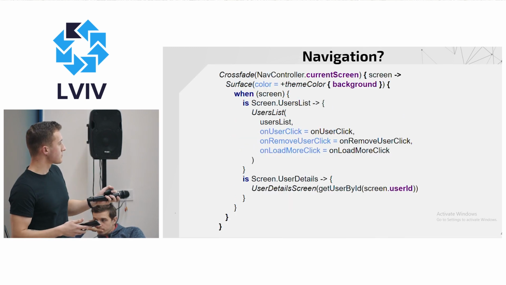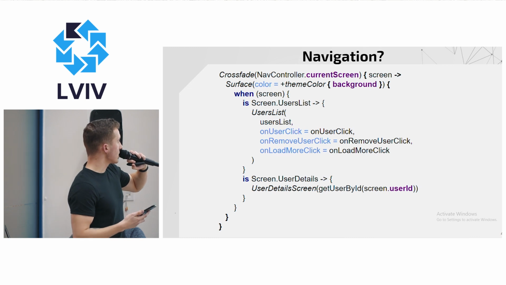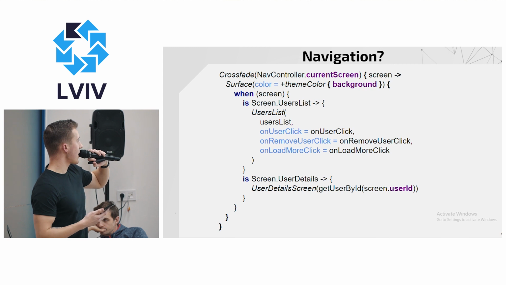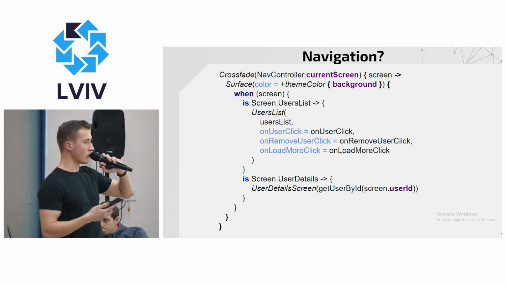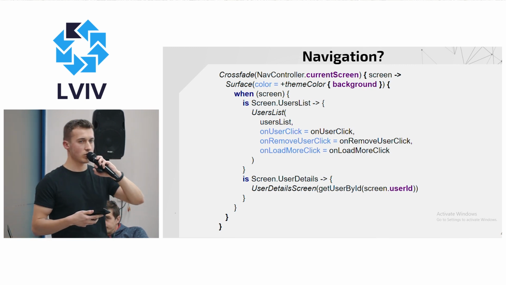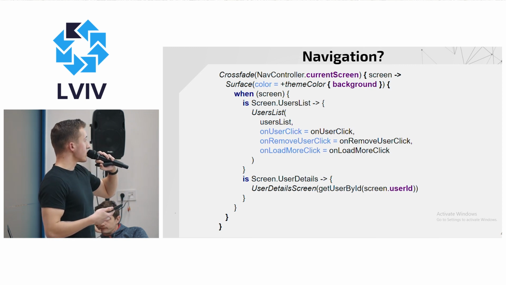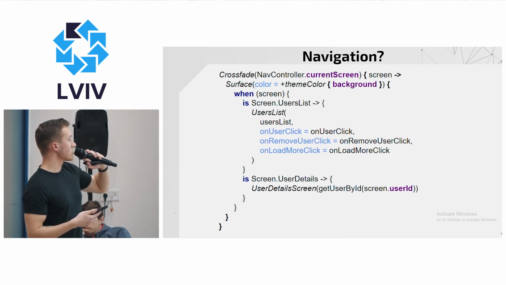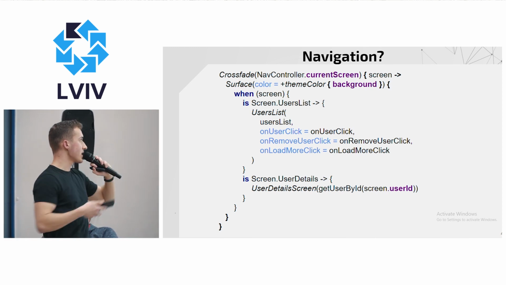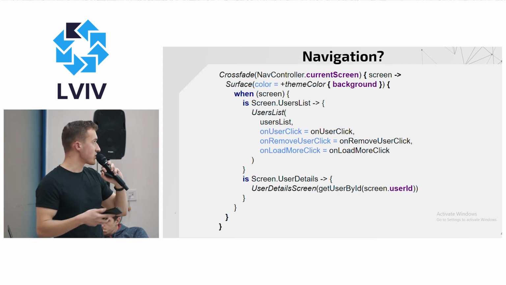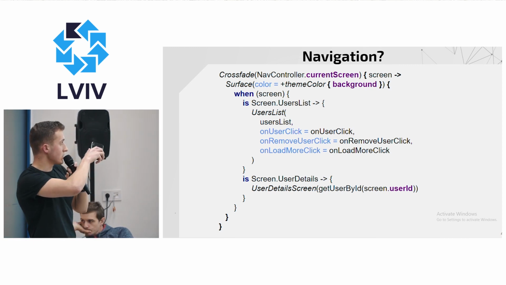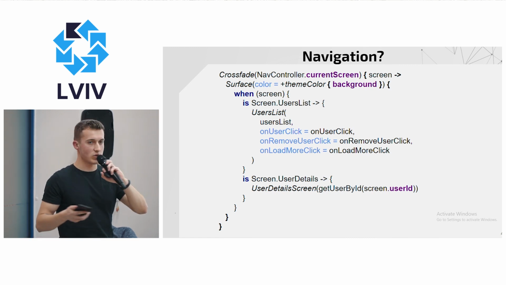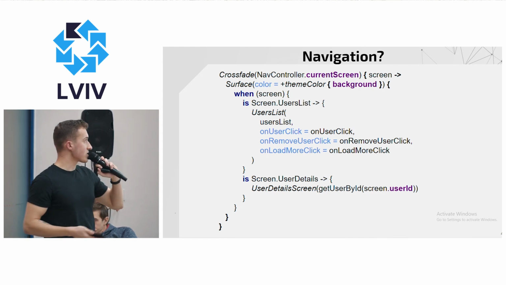Also, we have this root function. It's actually the app function. If you remember, we called it from onCreate. And we can see here that we use this Crossfade, NavController.currentScreen. Crossfade just says that all UI that will be changed with current screen changes will be done with crossfade animation.